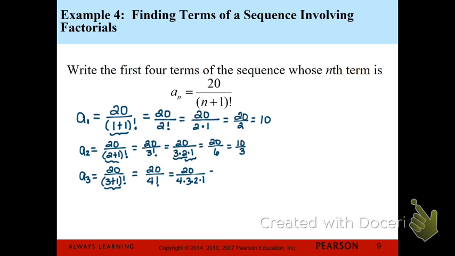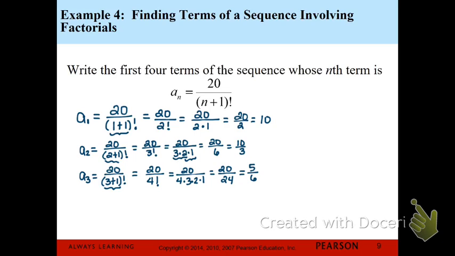Good call, guys. 4 times 3 is 12, times 2 is 24, times 1 is 24. It doesn't divide evenly, but we have to reduce it. Reduce by 4, so that's 5 over 6. If you're not sure, they're both even, so do it by 2, and then they're still both even, so do it by another 2.